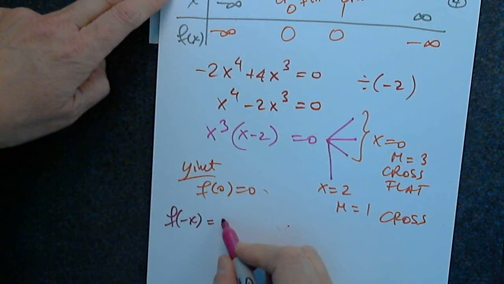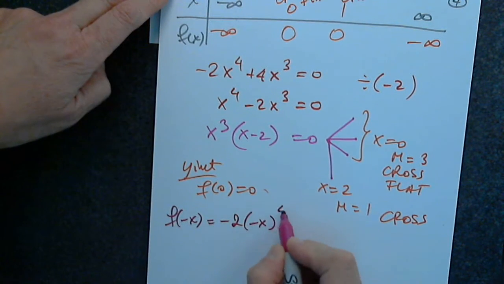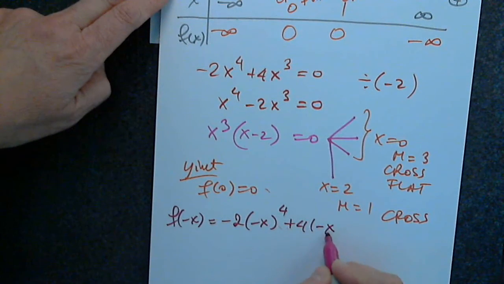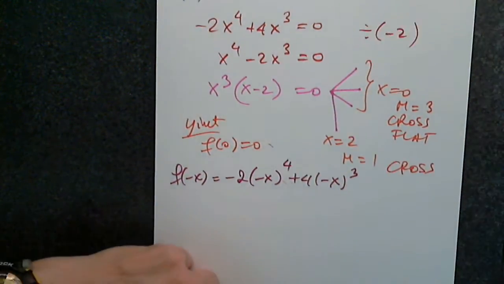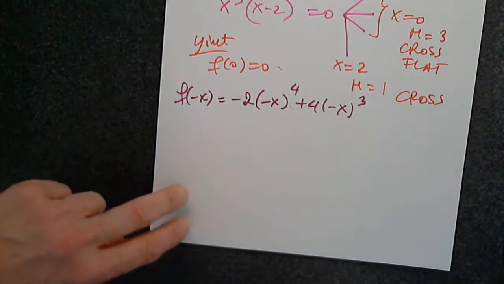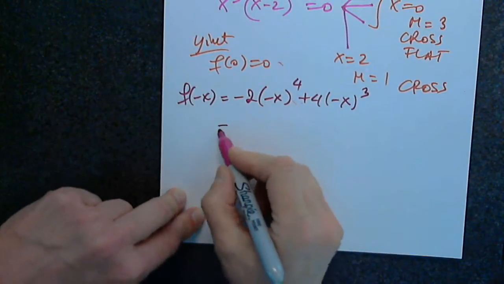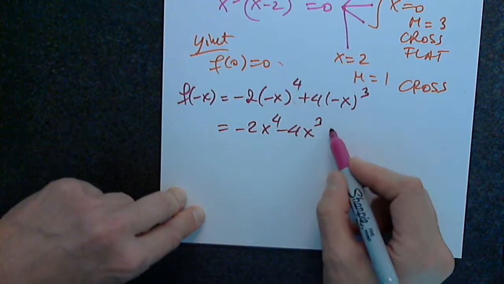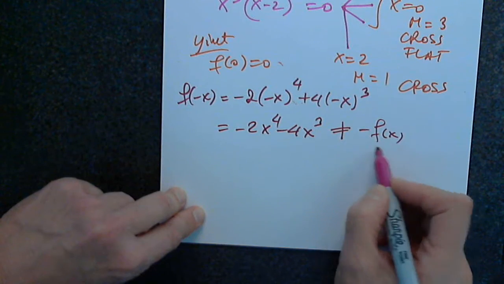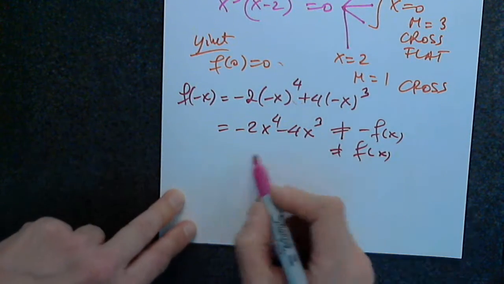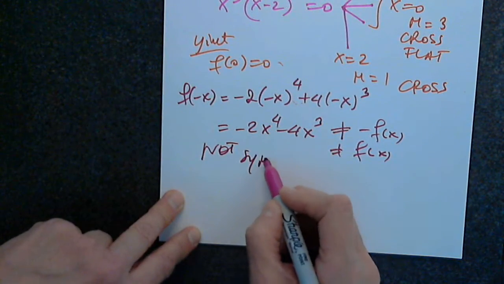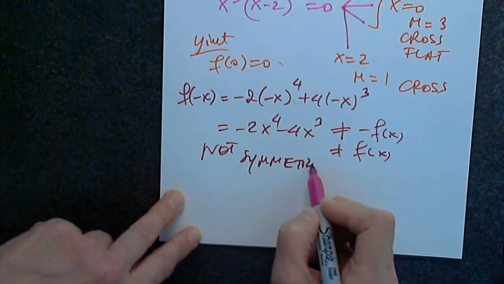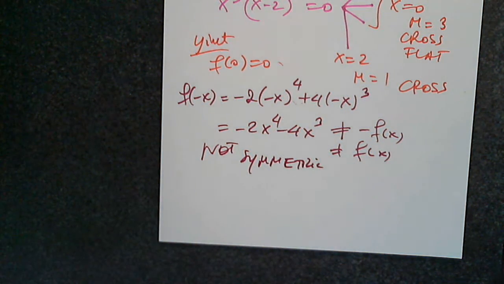So f of negative x is negative 2 times negative x to the 4th, plus 4 times negative x to the 3rd, and this will be negative 2x to the 4th and minus 4x cubed. This is not negative f of x, and it's not f of x. Not symmetric. This is it. That's all we need.